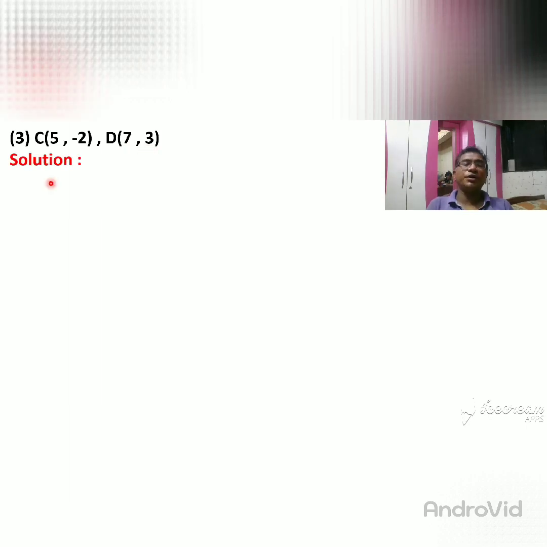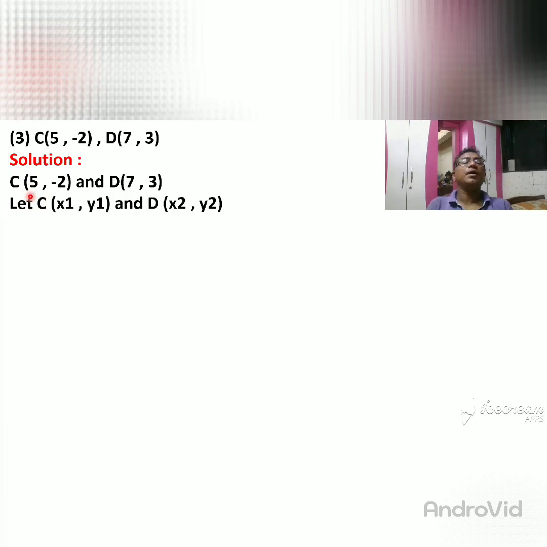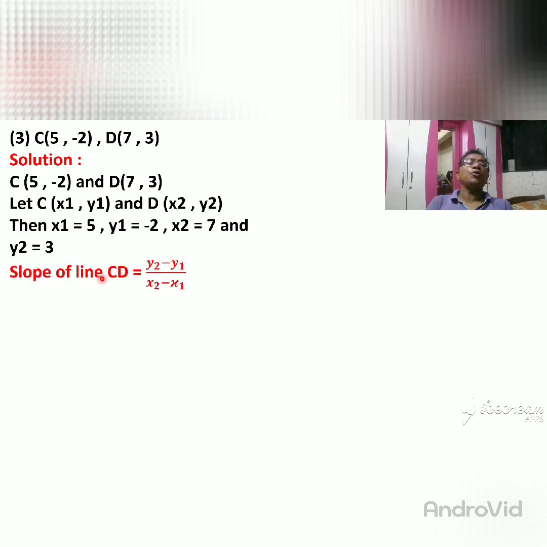These are the coordinates we write here. Solution: x1 is equal to 5, y1 is equal to minus 2, x2 is equal to 7, y2 is equal to 3, and we substitute here. Okay, so what do you want to find? You want to find the slope of CD.